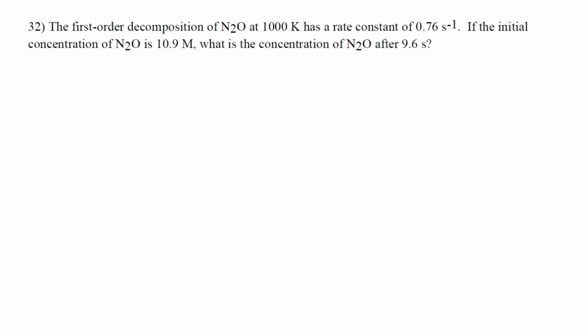Well, there are a couple equations you could use here, but I think the easiest one for us, recognizing that this is a first order decomposition reaction, and right out the gate, we're looking at a change in concentration over time, is the relationship natural log of the concentration of A at time t equals negative kt, t being time, not temperature, that would be capital T. And it's only a reaction condition and specifies this particular rate.